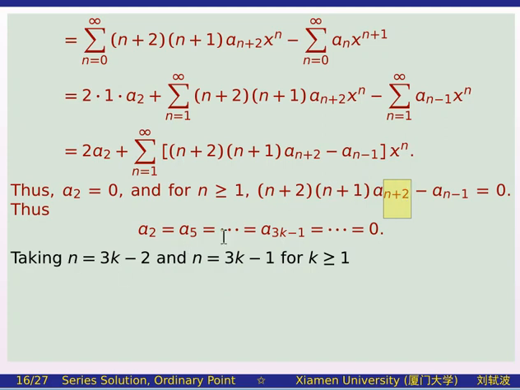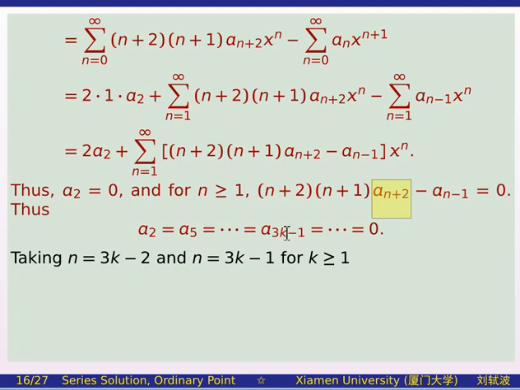So we can use this recurrence relation, with n being 3k minus 2 and 3k minus 1, to obtain a3k and a3k plus 1.